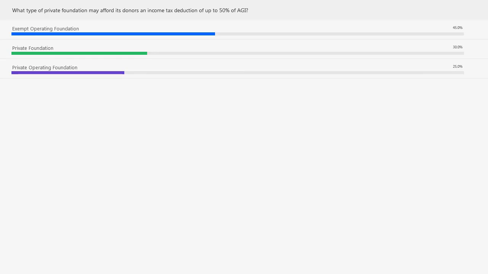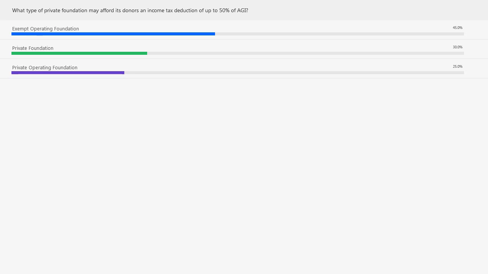So we're pretty well evenly split here, and, a little bit of a trick question, but the answer is a private operating foundation. With a private operating foundation, a donor can enjoy a deduction of up to 50% of AGI. An exempt operating foundation is a separate type of private foundation, but not usually seen very often.